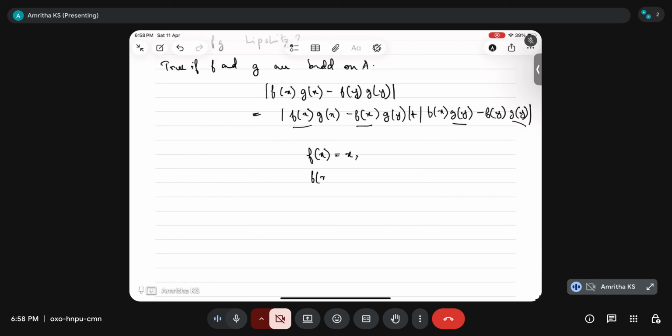Now, if you take the square, this is x square and x is from R, or you can take it from 0 to infinity. Then one can show that this is not Lipschitz.